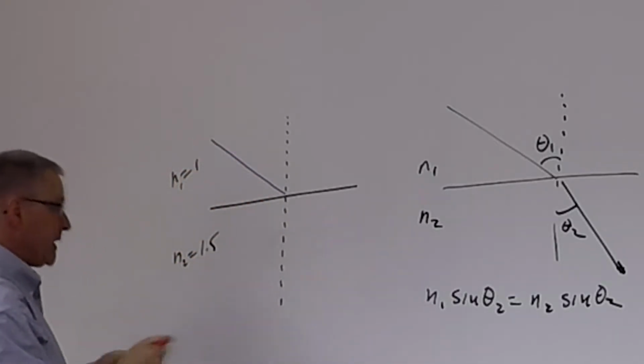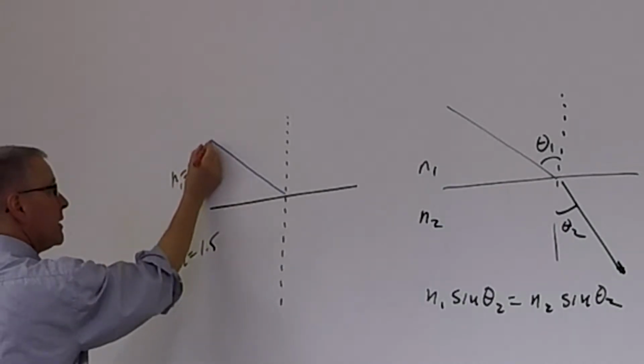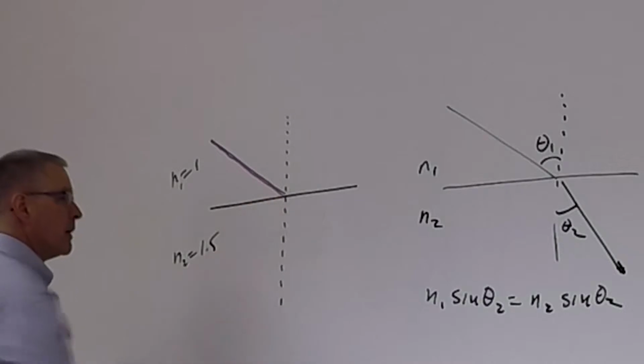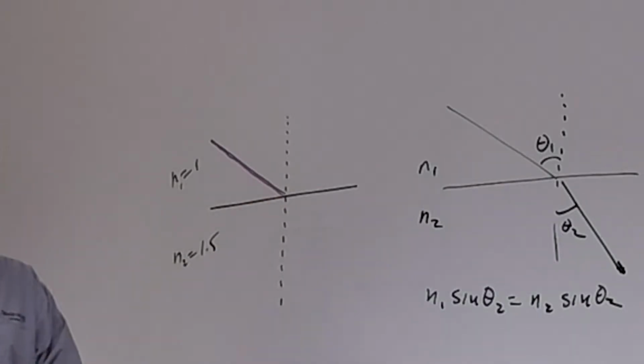So let's say I've got light that's got these two colors in it. What happens when that goes through that interface?